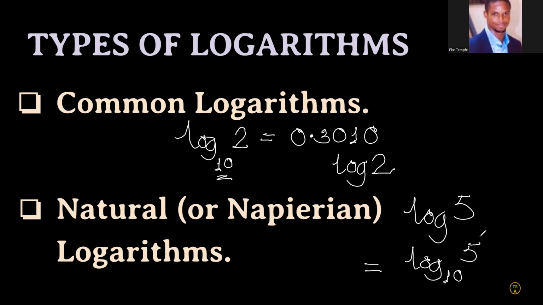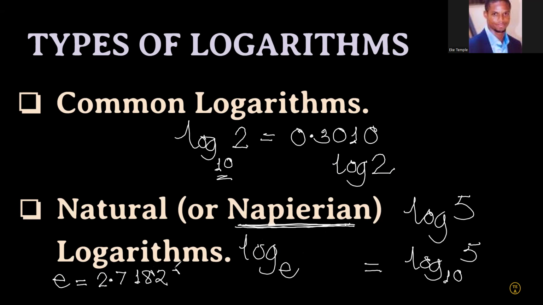And now the second type of logarithm, natural or Naperian logarithm. This is after the name of a mathematician, the British mathematician John Napier. The natural logarithms have logarithm written to base e. So the base of logarithm here is e. E is Leonhard Euler's constant, another mathematician, 2.718281828, the value of e.